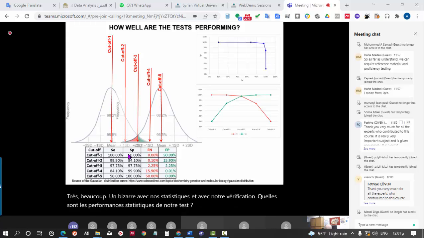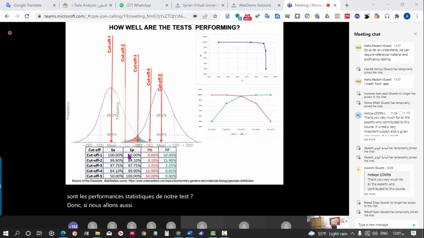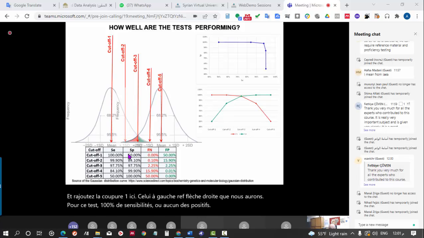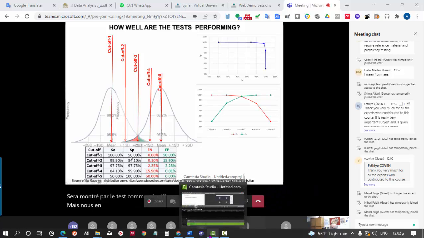So if we go this easy way of presentation of the goods, one standard deviation overlap, and we add the cutoff one here, the one at the left side, right arrow, we will have for this test 100% sensitivity, so none of the positives will be shown by the test as negative, but we will have 50% specificity, which means that half of the negative animals will be presented as positive. So this is this area here.